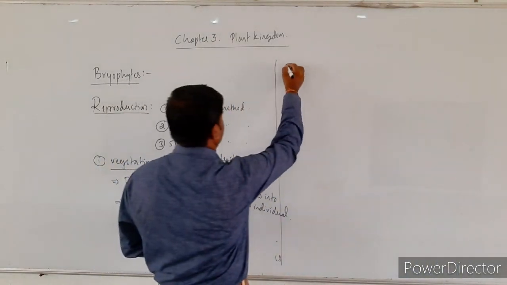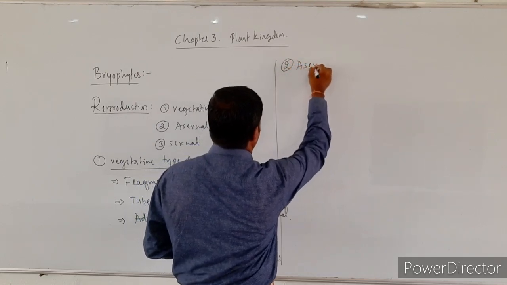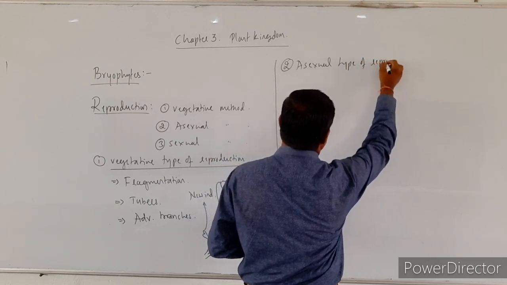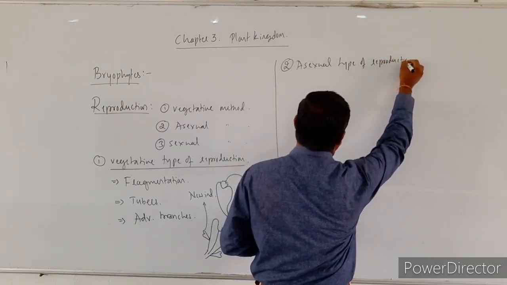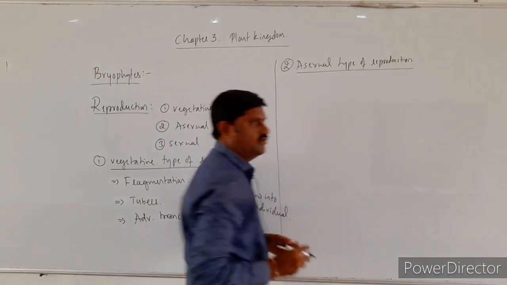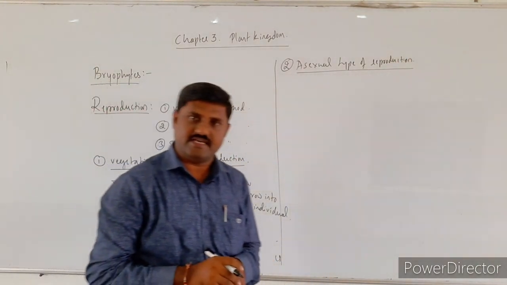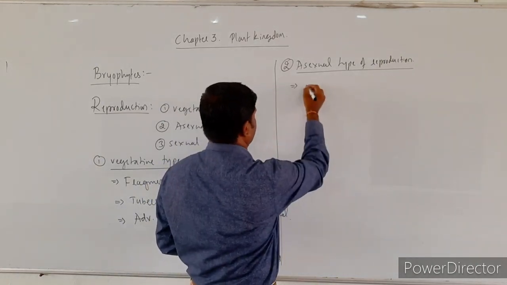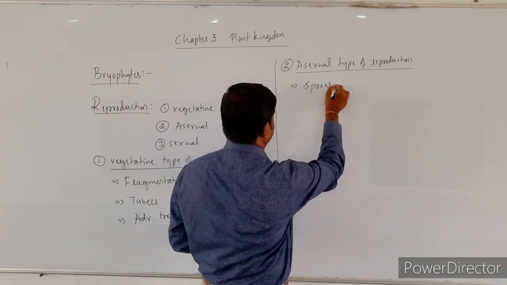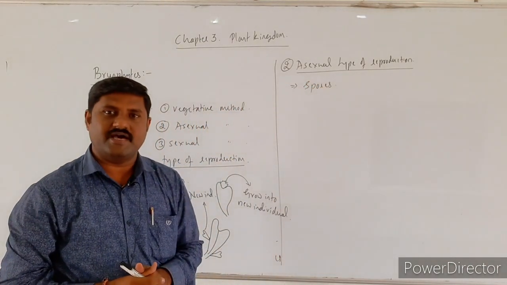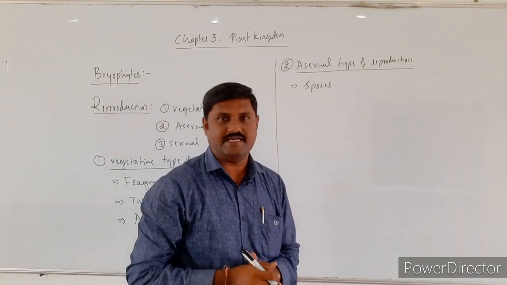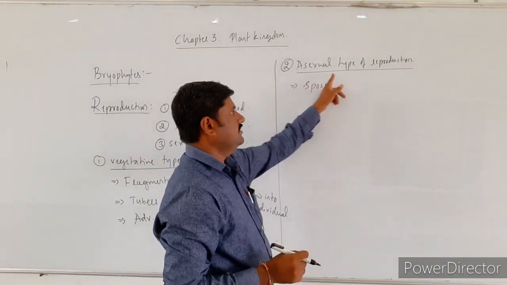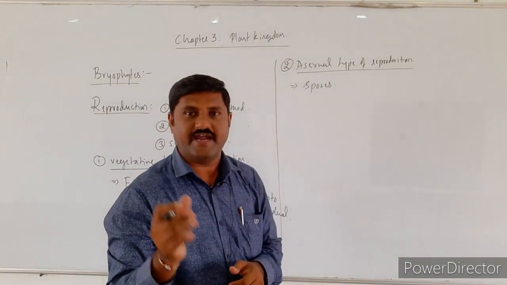Next is the second type, that is asexual reproduction. In asexual reproduction, there is no formation and fusion of gametes. This occurs by the formation of spores, which is nothing but sporulation. Usually asexual reproduction occurs in the case of sporophytes.